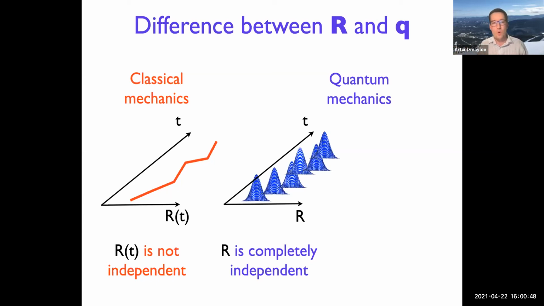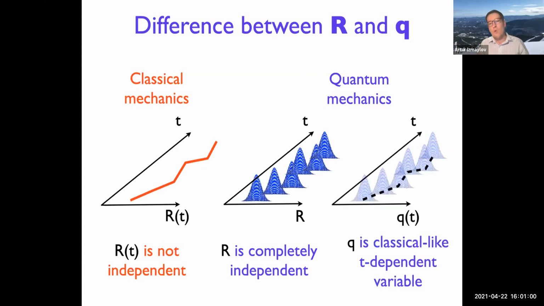Then in quantum mechanics, we have an independent variable R, which is an extra variable, and this transition could go unnoticed, but it's important. Now, when we go to the center of the Gaussian coordinate instead of the nuclear coordinate, we introduce a new coordinate, which is classical-like. Or if you want, you can think of it as substituting Euler frame nuclear coordinates with Lagrange type frame coordinates of the center of the Gaussian.